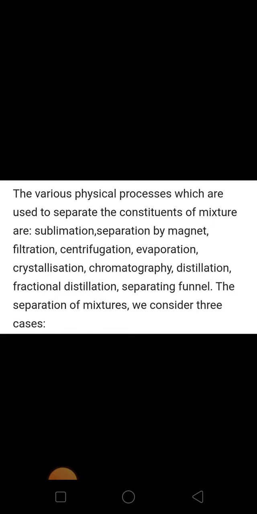These are a few different methods to separate the components of a mixture, and we will be talking about each and every method in the videos.